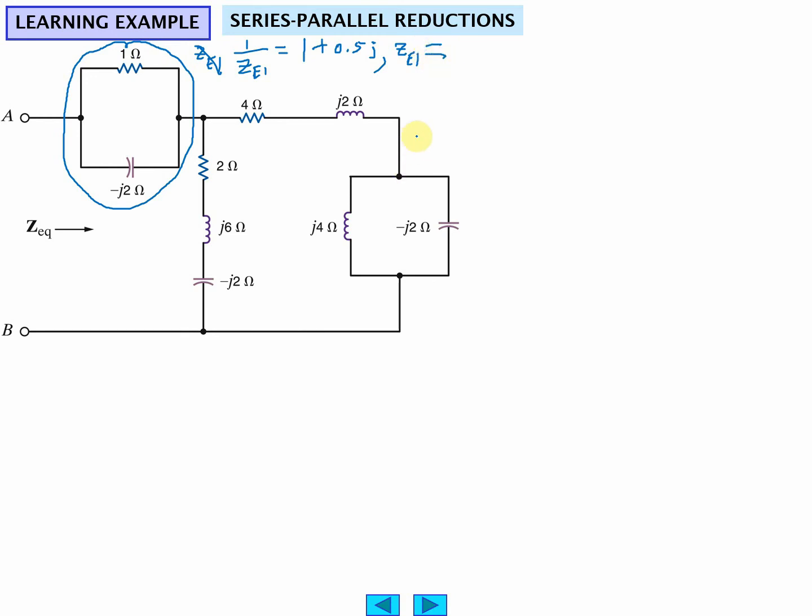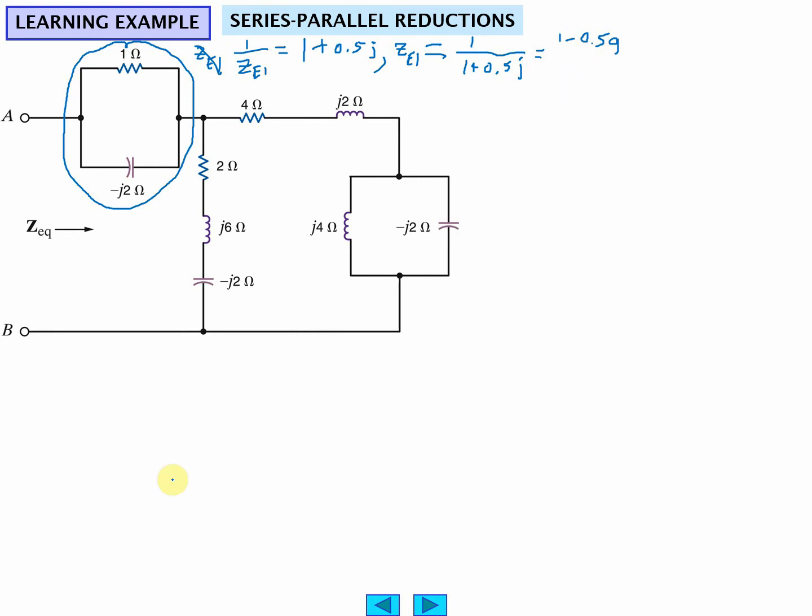Okay, Z1 equals 1 over 1 plus a half J, which equals 1 minus half J, multiplying top and bottom by the complex conjugate.